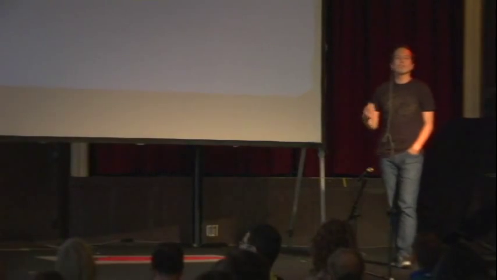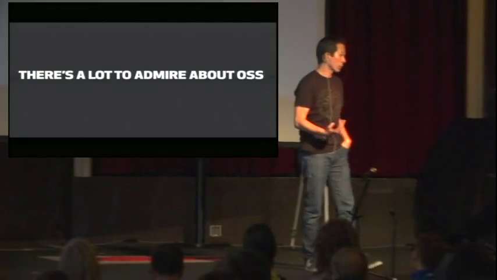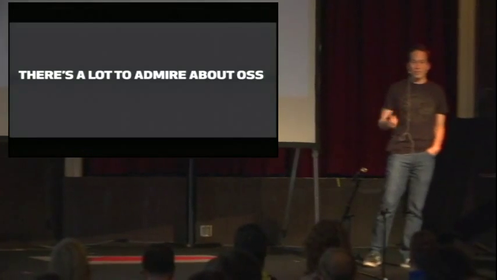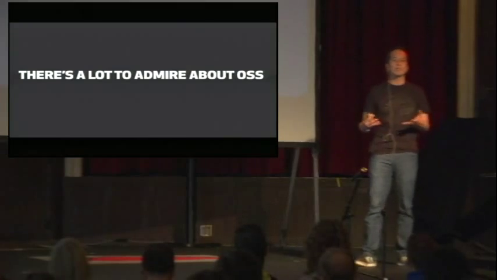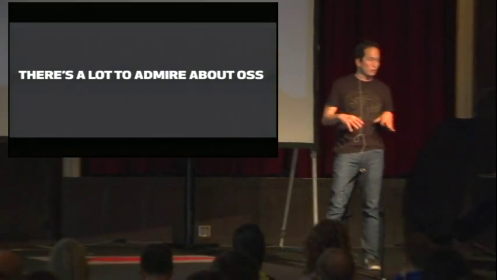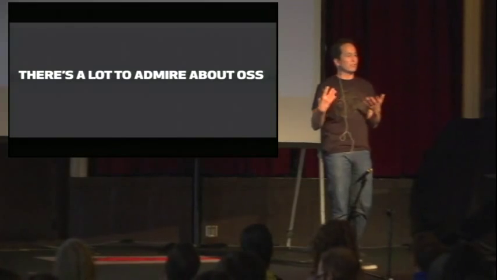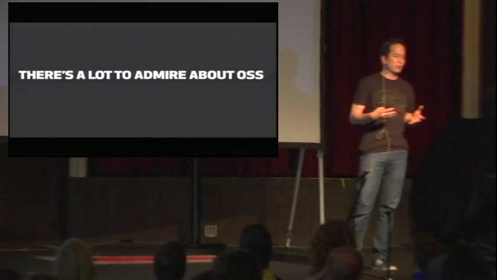So there's a lot to admire about open source software. I've been involved in open source for a long time now, probably since 2005, and I just love it. I think there's so much to admire. And so this talk about how to make it better isn't about saying, oh, we suck, we're not doing enough. No, it's more about, as a manager, I've been thinking a lot more about these social issues, these sociological issues.